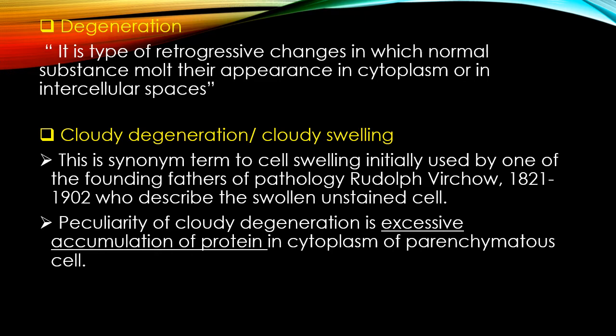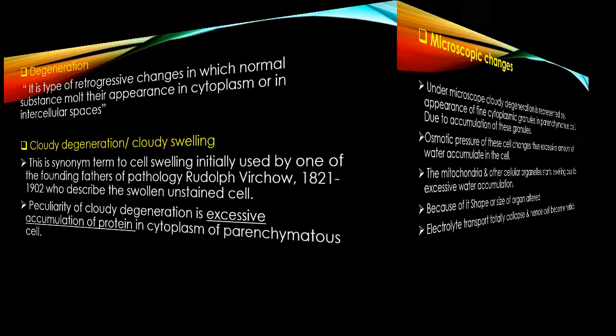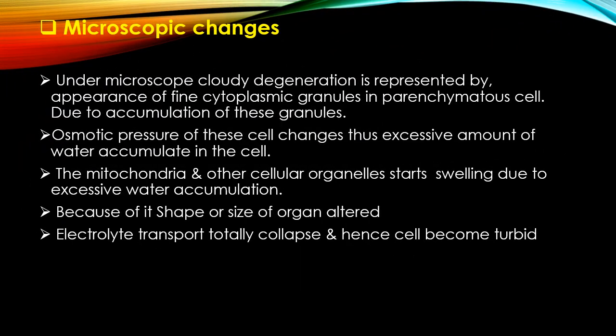But what are the changes seen during cloudy degeneration? Many changes are seen, like microscopic changes. Under the microscope, cloudy degeneration is represented by the appearance of fine cytoplasmic granules in parenchymatous cells. Why are the granules accumulated?